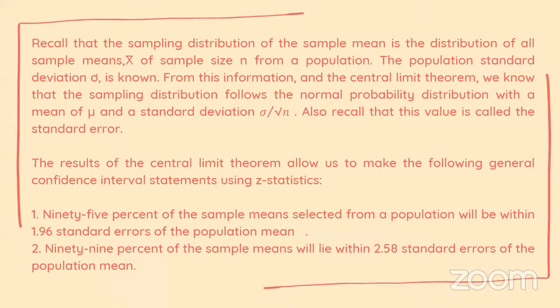First, 95% of the sample means selected from a population will be within 1.96 standard errors of the population mean. Second, 99% of the sample means will lie within 2.58 standard errors of the population mean.